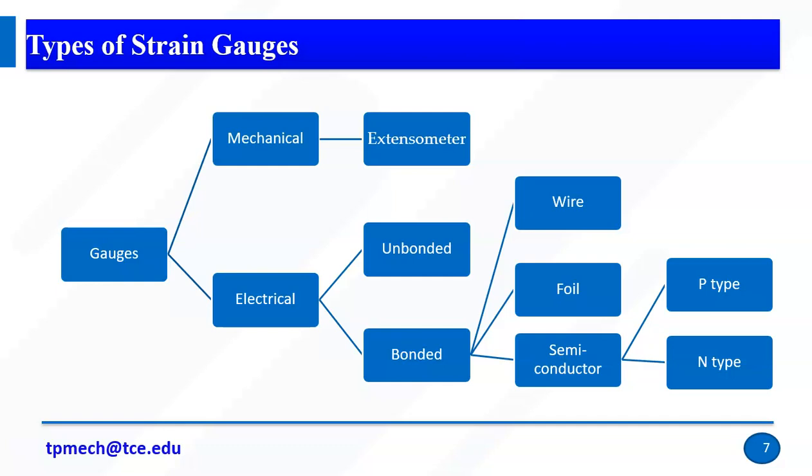In the previous class we discussed the mechanical gauges. I hope you remember the drawing. On the object whose strain we are going to measure, we need to place our instrument on top of that object. The instrument has two ends: one is a fixed end, another is the gauge end or movable end. The distance between these two ends is the gauge length.